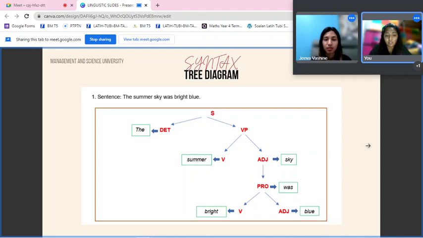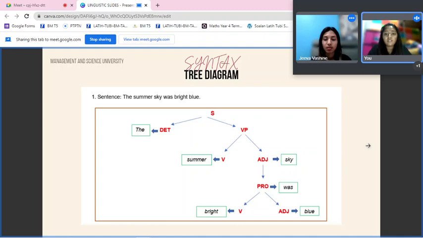We picked from the article four example sentences, but we are only presenting one. The first sentence is: the summer sky was bright blue. Based on what Miss has taught us, every symbol here represents the full form of a word.